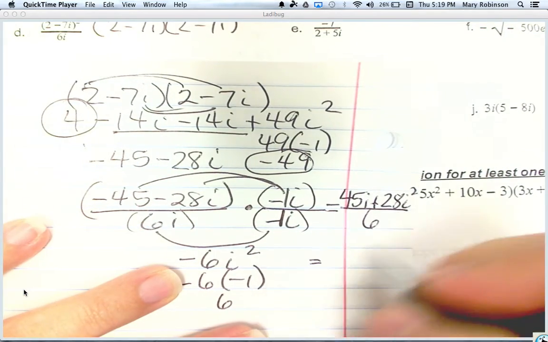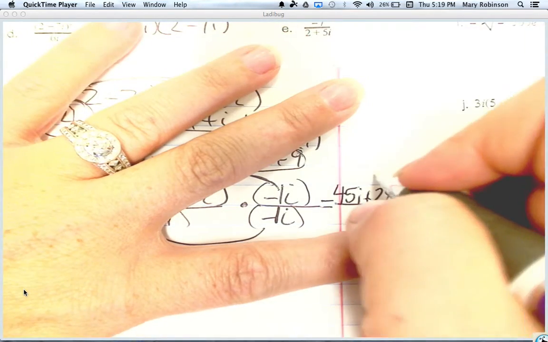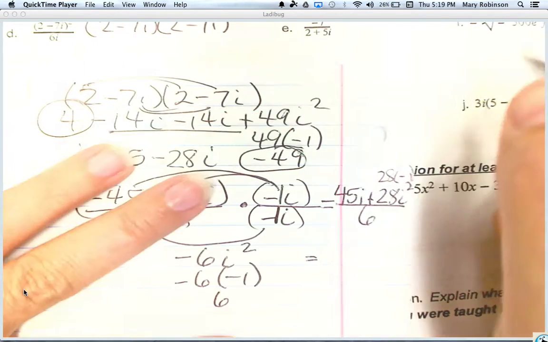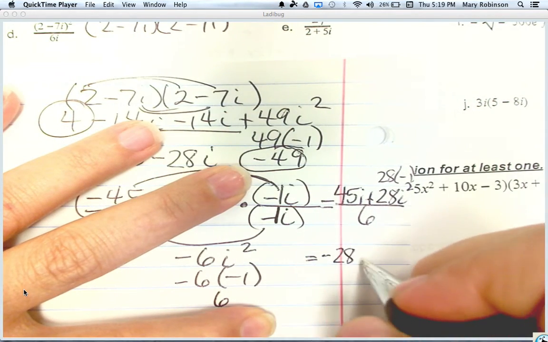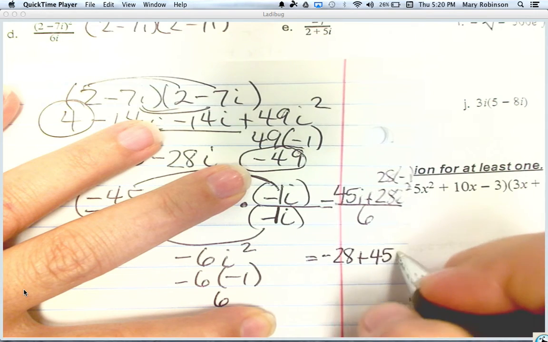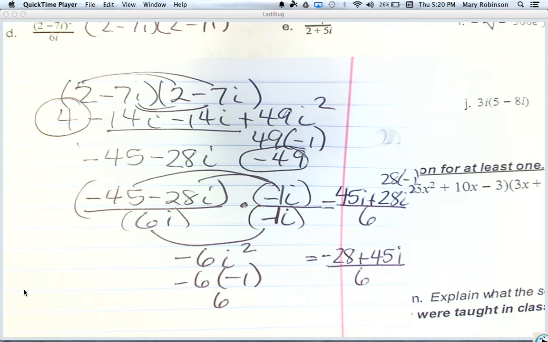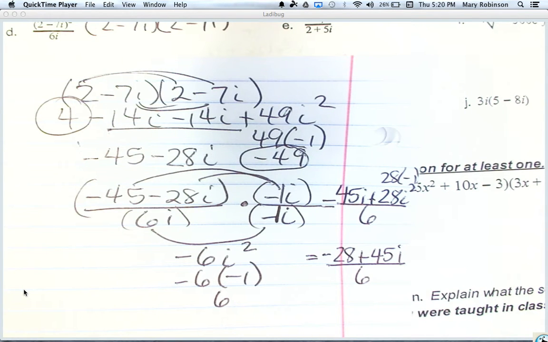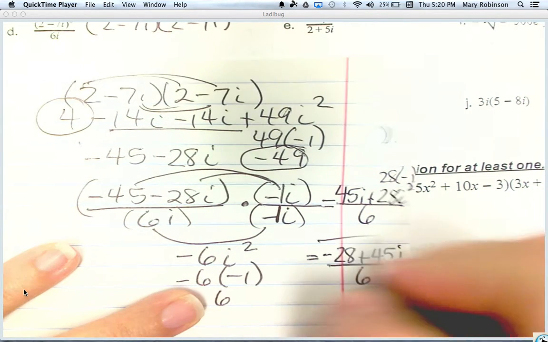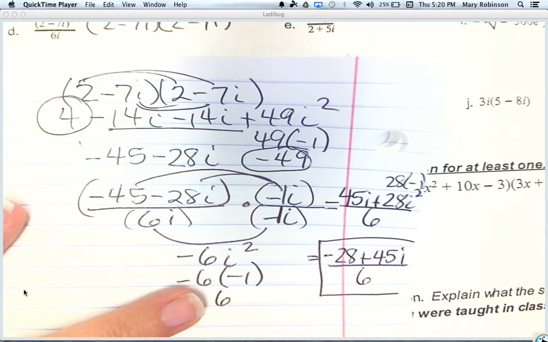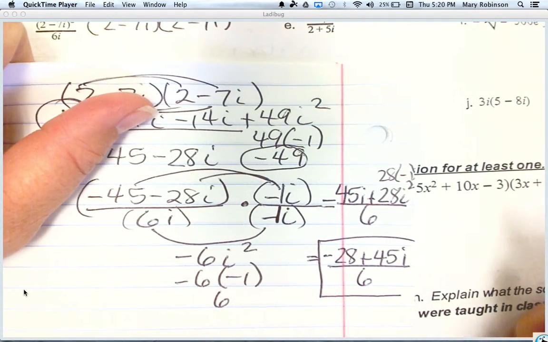You've got to further simplify and recognize that this is 28 times negative 1, or negative 28, plus 45i all over 6. If they have a common factor, you do need to reduce. But 28 is 2 times 14 and 7 times 4, so they don't have any common factors. So your final answer would be negative 28 plus 45i over 6.